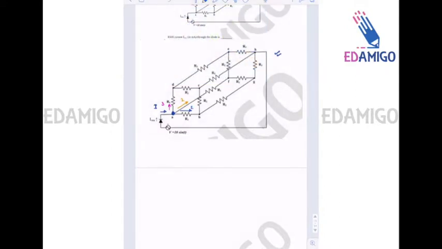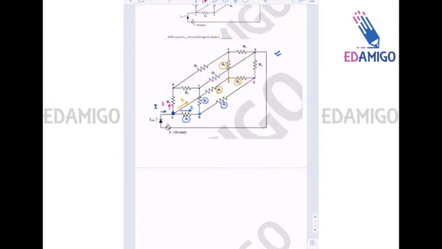Okay, now if you look at all these 3 paths available to the current, all 3 paths are exactly similar. Path 1 is from A to B, resistance R1 is there, and at node B, R2 and R2 are connected, right? Similarly, in path 2, resistance R1 is connected to node F, and F is connected to R2 and R2.